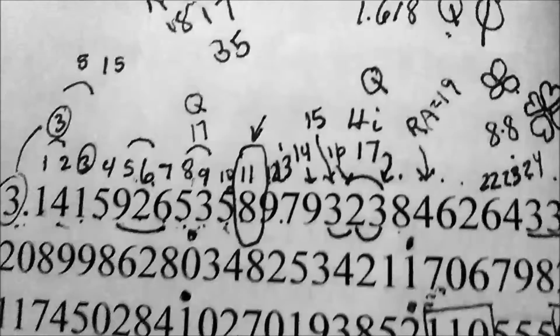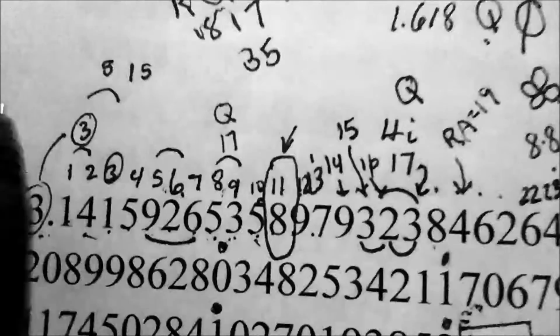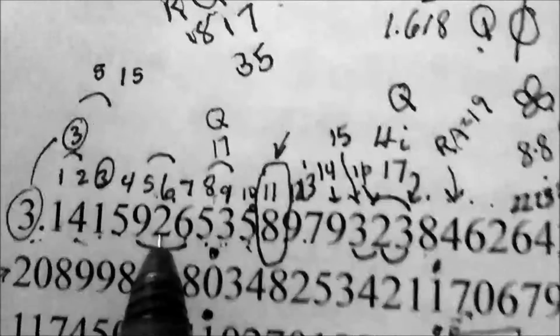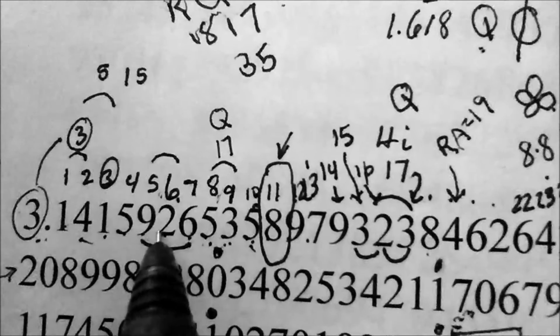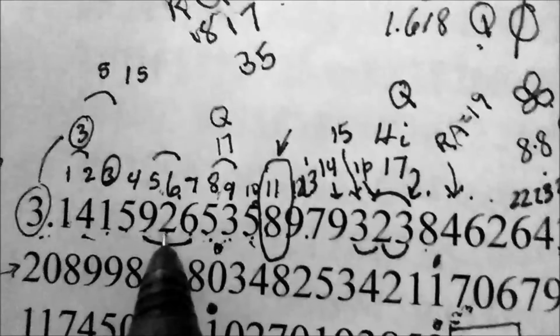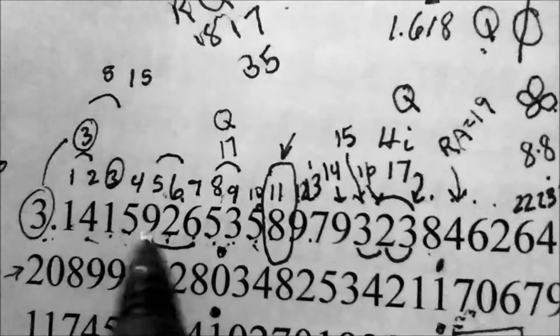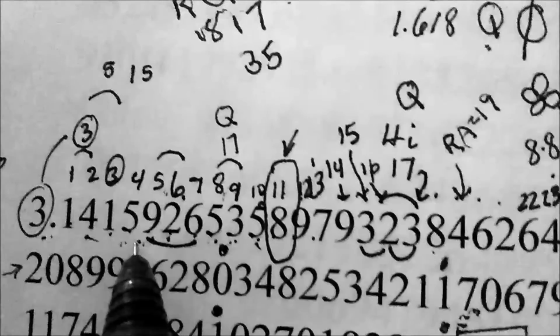So the code of 5, 9, and 2 isn't really jumping out at me right now, but 29 and 92 are often coded numbers, and 59 and 95 are their slave numbers for us.